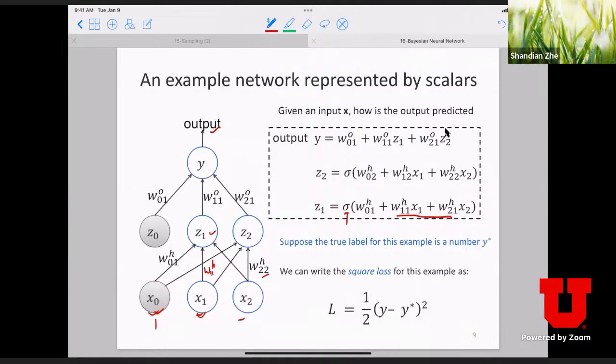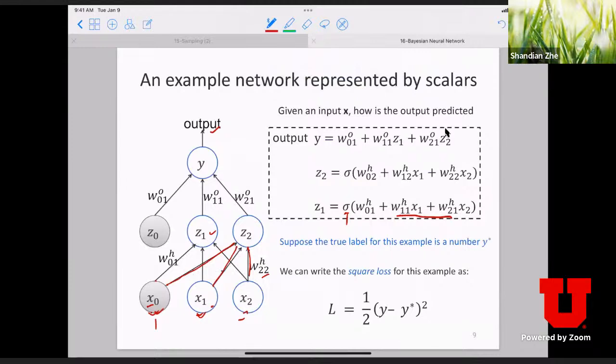And similarly, you can compute Z2. Again, a linear combination of the neurons in the previous layer, which is the input layer, weighted by another set of edges, because you have a set of new edges connecting from each neuron in the input layer to Z2. So accordingly, the weights on those edges are different.